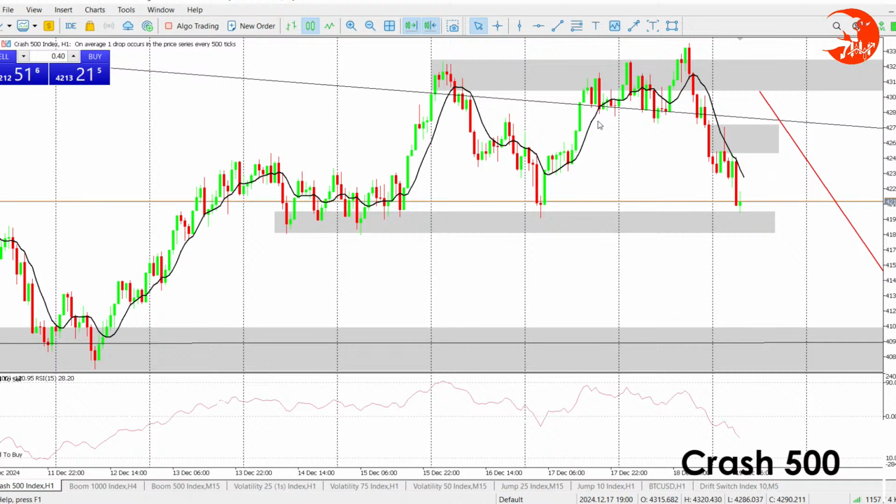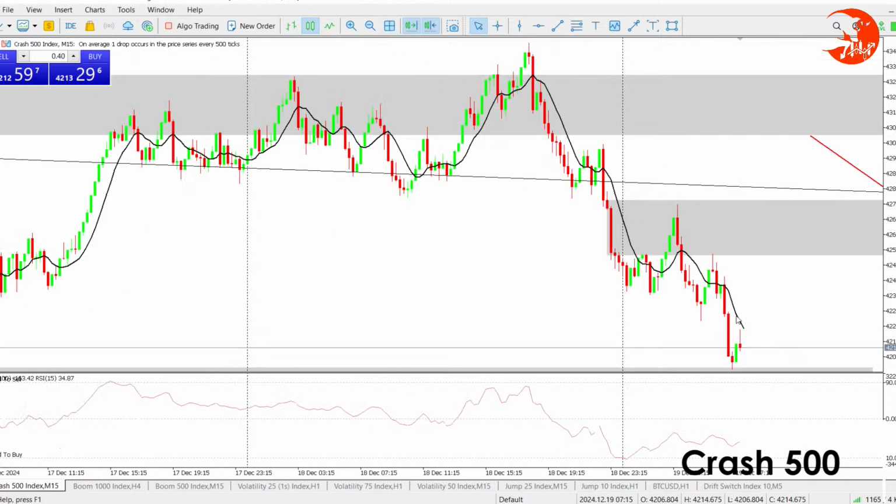Alright, so this is H1. We know that we are creating a new lower low to come back to give us a new lower high. So according to M15, we want to see where to anticipate a new lower high.